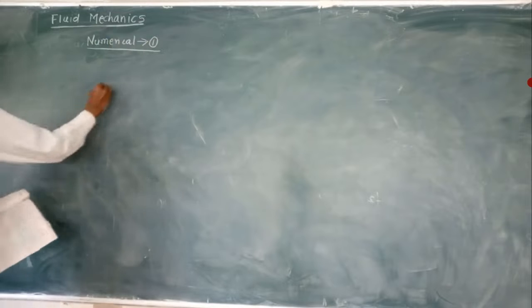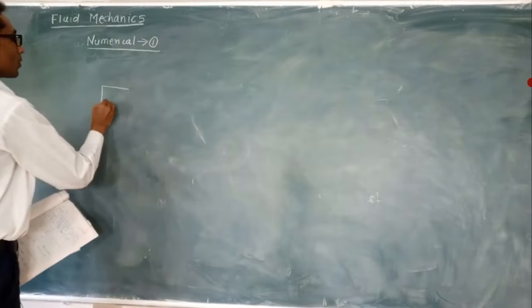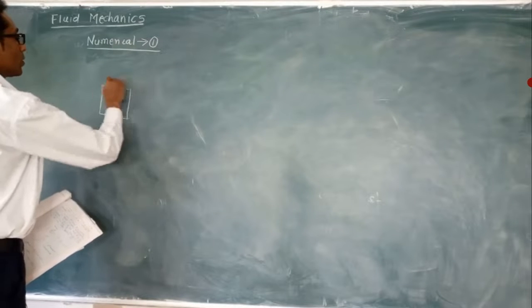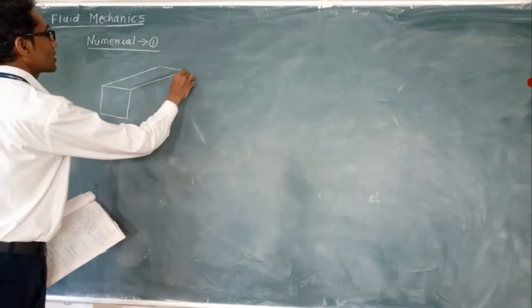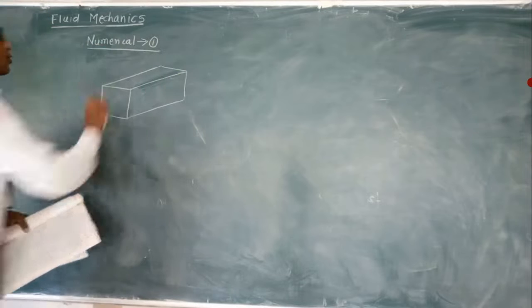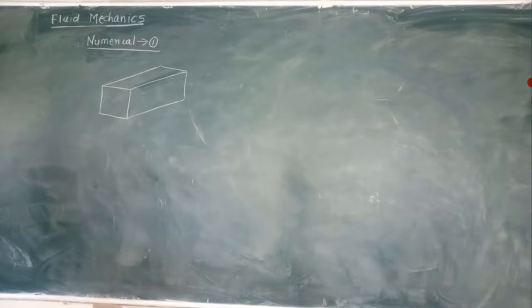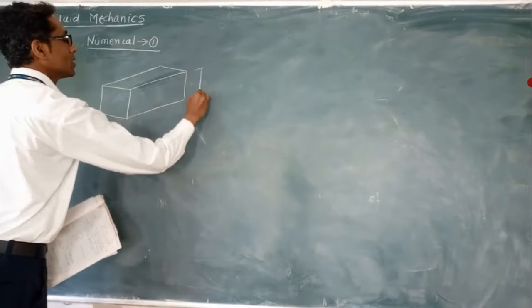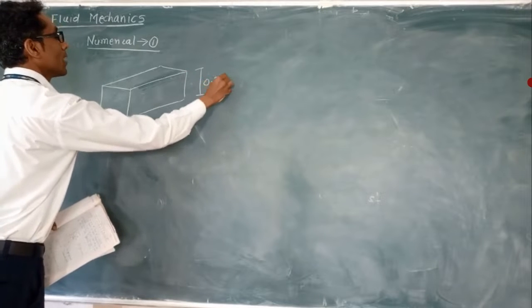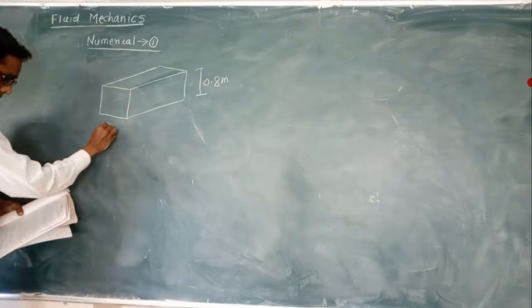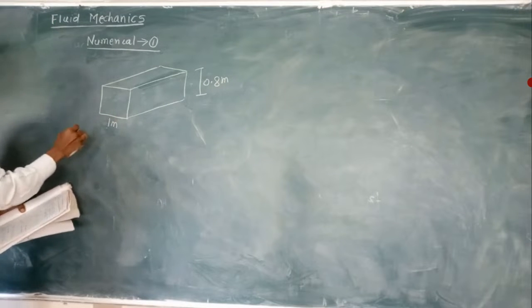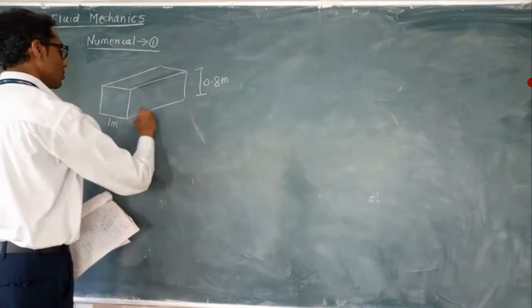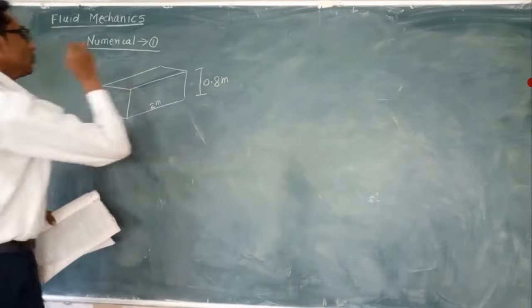Okay, here this block is given, wooden block. For the understanding, I am drawing here three-dimensional view of this diagram. The dimensions are in this way. This is a 0.8 meter dimension. This is a 1 meter dimension, and this length is 2 meter.